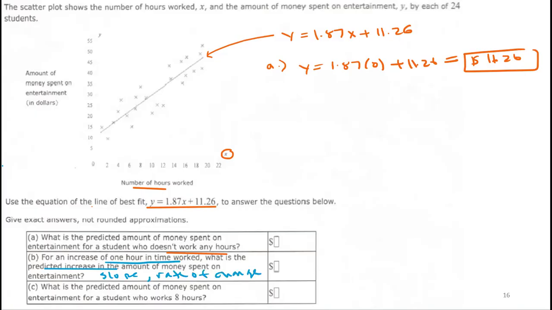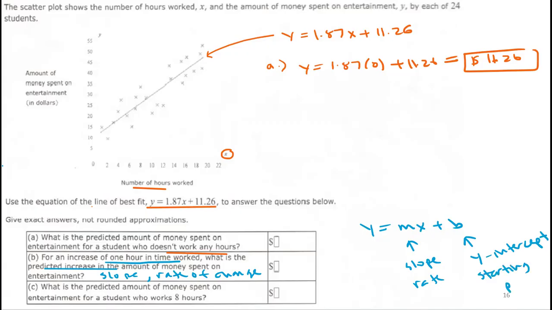Remember, y is equal to mx plus b. That's our linear equation. M is represented by the slope or the rate of change, and b is representing the y-intercept, or the starting point.